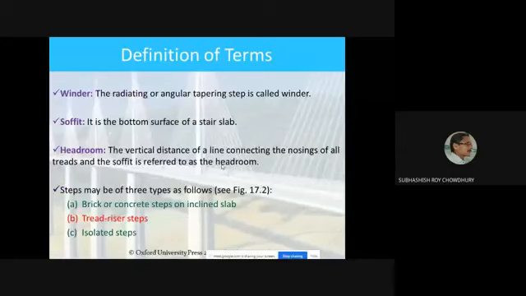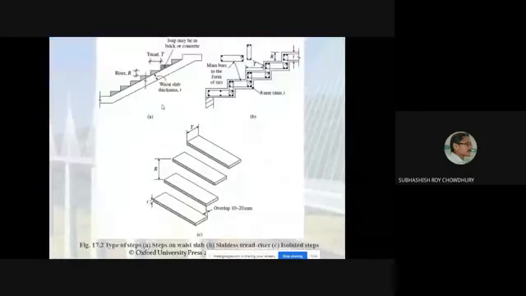These particular points we are not entering into at this moment. So you should know that the steps of the stair may be brick or concrete steps on inclined slab, and the tread riser steps and isolated steps that I am telling. Okay, actually these are the steps that may be made of brick, that may be made of concrete, but these are not the structural component.